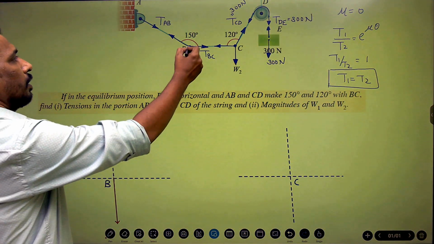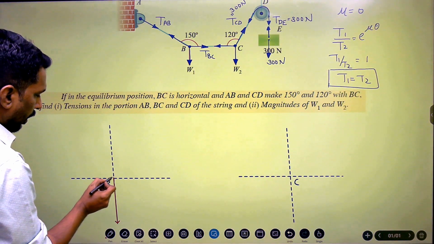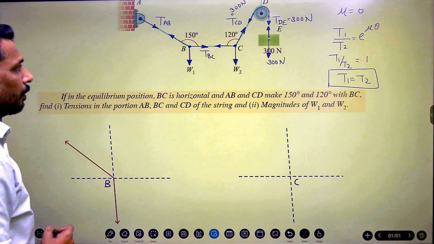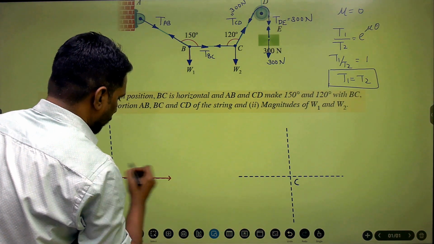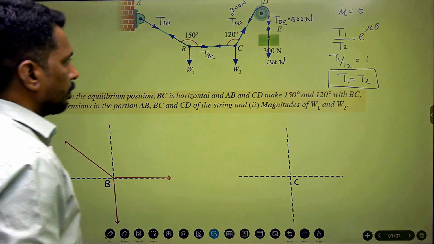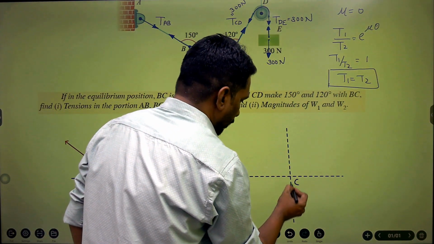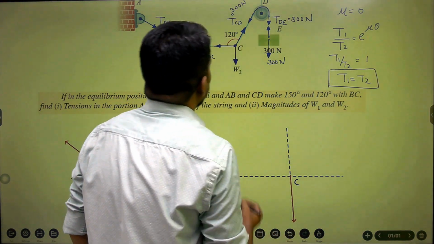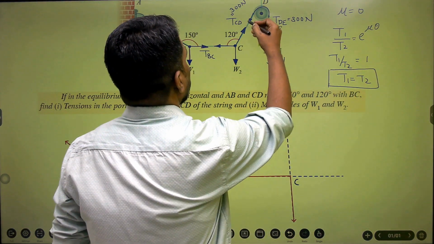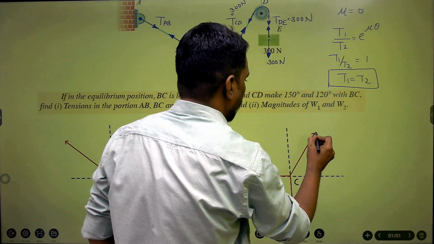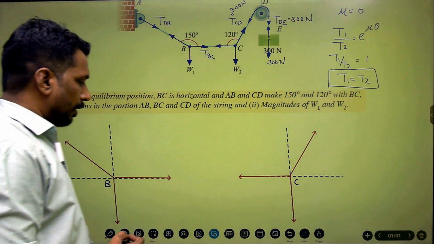Then you can see TAB is acting at a certain angle with the horizontal, that we will calculate later on, and this TBC is horizontal. Now if I draw the FBD for the point C, then W2 is vertically downward, then this is horizontal TBC towards left, and this is TCD at a certain angle. We will show the exact angle while calculating the total angle between the forces.